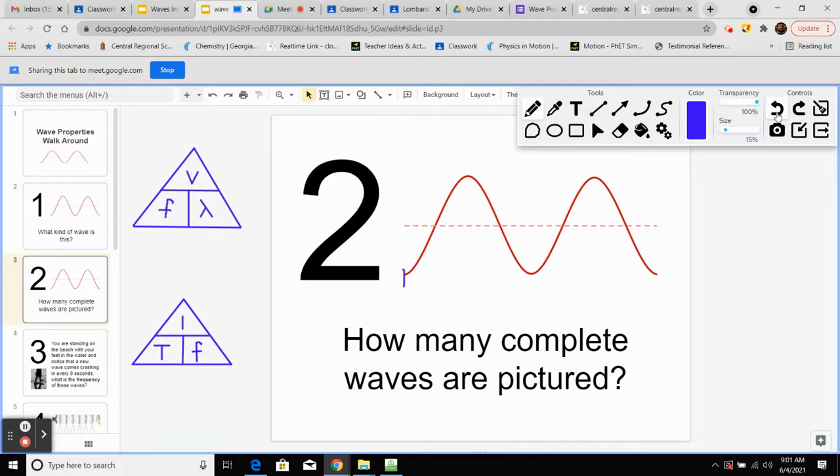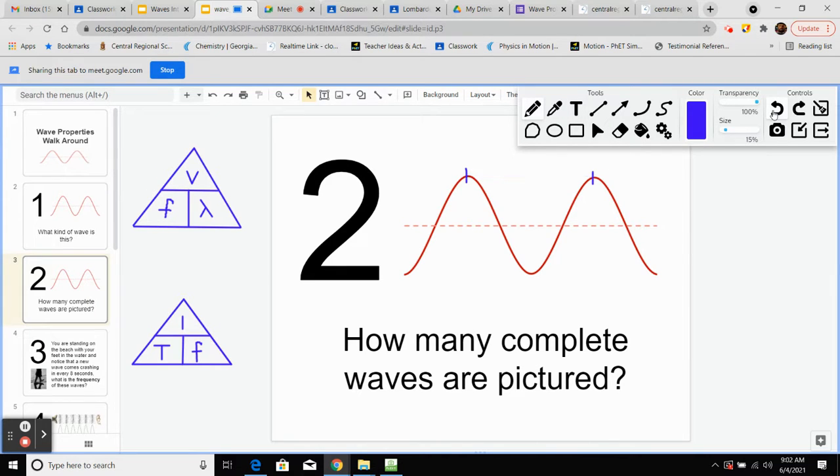Can you also tell from the top of the mountain? The crests. Yeah, from crest to crest is 1 wavelength. So if you just did that, you may have only said 1. No, I'm saying if you individually count it. No, that doesn't always work.